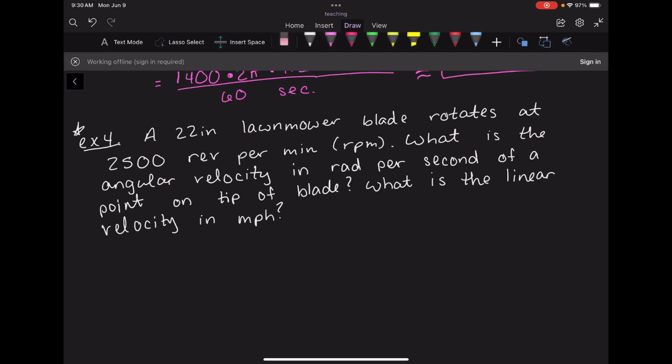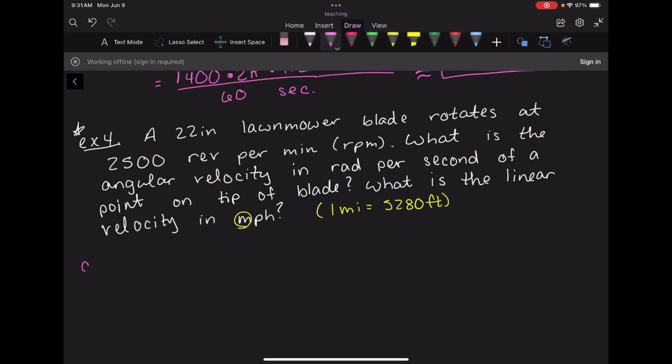I do want to let you know that I would give you this conversion. See how it has miles in here? We're going to need to know something for that. I'm going to let you know that 1 mile is equal to 5,280 feet. We'll use that in a second, but I would have to give you that unit. I wouldn't expect you guys to know it.